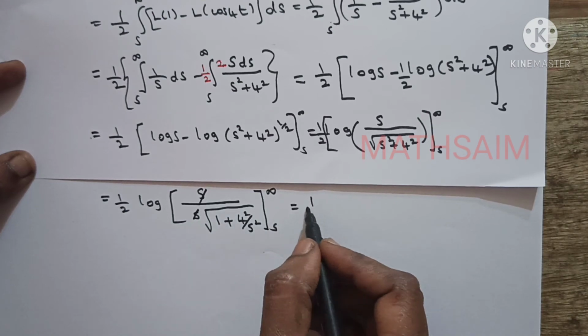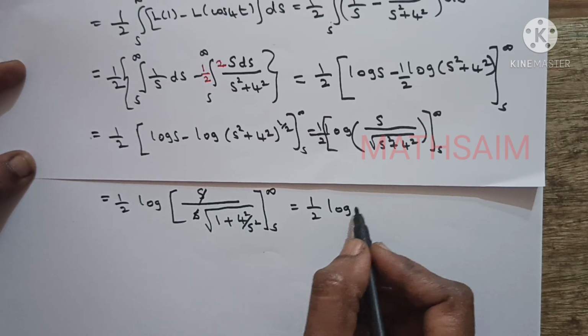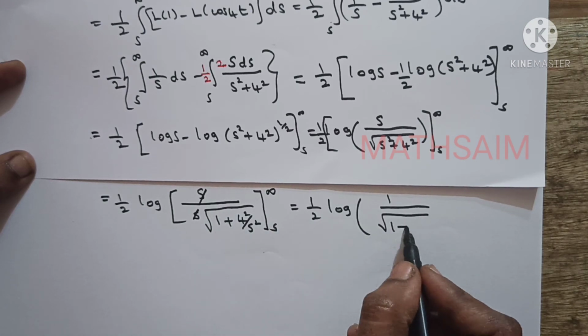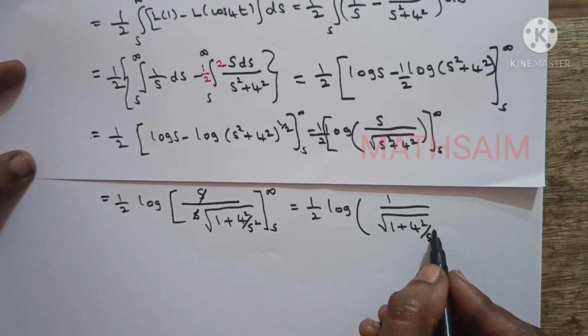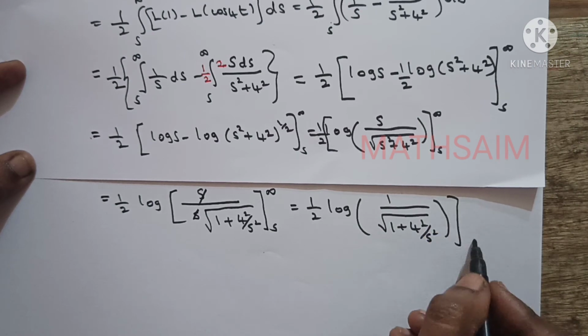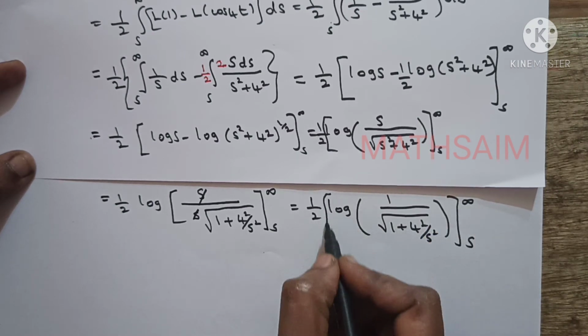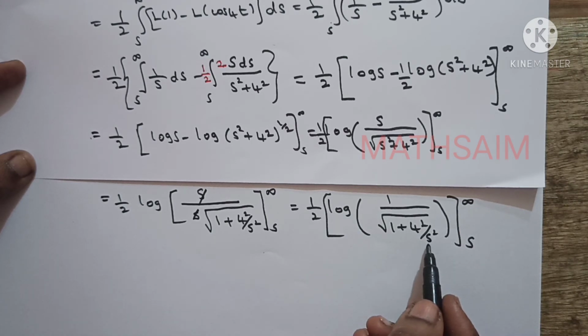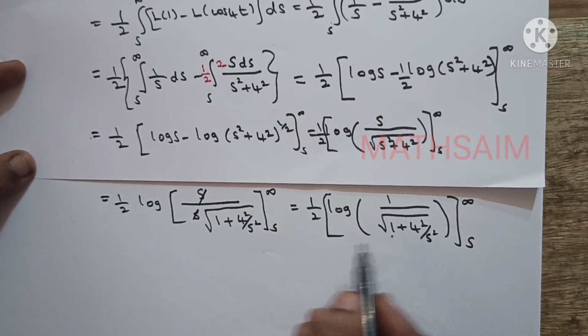Still we didn't substitute the limit. This is 1 divided by square root of 1 plus 4 square by s square, limit varies from s to infinity. Now you substitute the upper limit. It will be 4 square by infinity. Anything by infinity is 0. 1 plus 0 is 1, 1 by 1 is 1, so log 1.